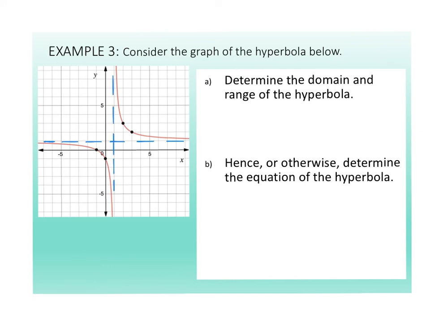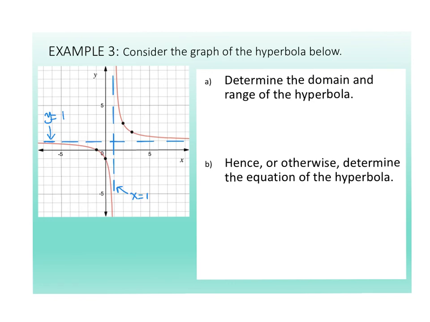Alright. Now, you can see that the vertical asymptote is x equals 1. The horizontal asymptote is y equals 1.